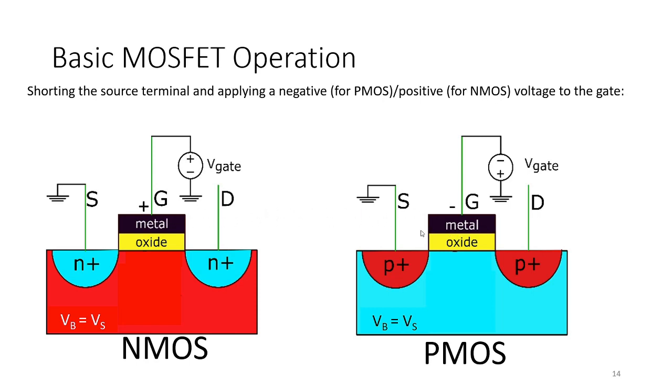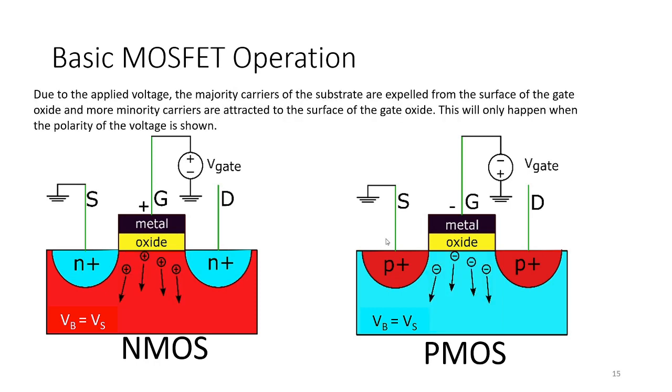So what will happen? Because of the applied voltage, the majority carriers of the substrate are expelled from the surface of the gate oxide, and more minority carriers are attracted to the surface of the gate oxide.